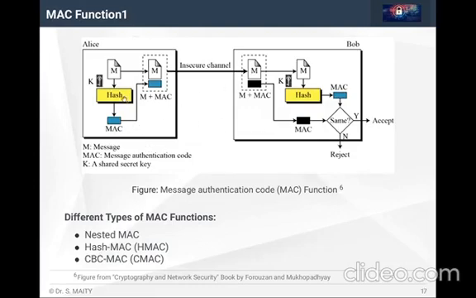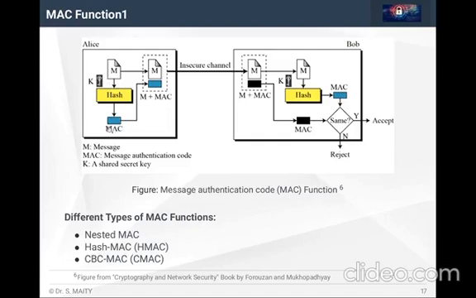What we are doing here, you can see this is the sender side and this is the receiver side. The sender side is using the symmetric key; there is a symmetric key between Alice and Bob. The symmetric key is also used along with the message to compute the digest. In other words, we are computing the hash based on the value of the message as well as the shared secret key.